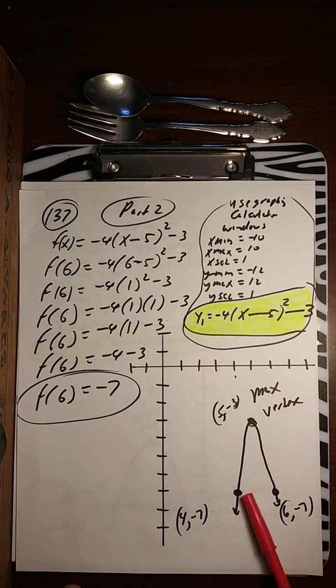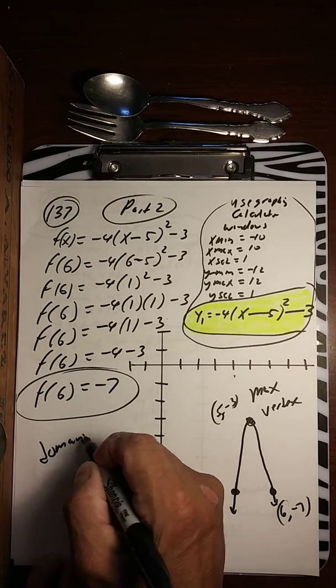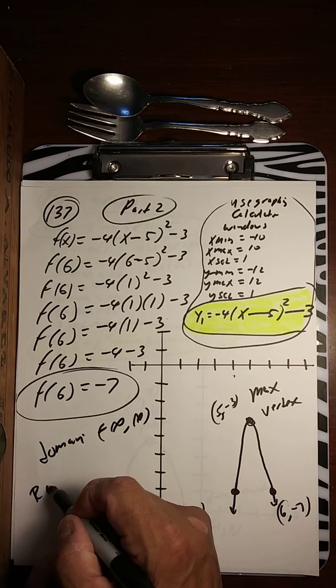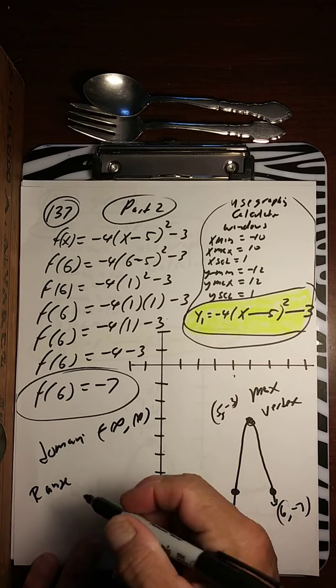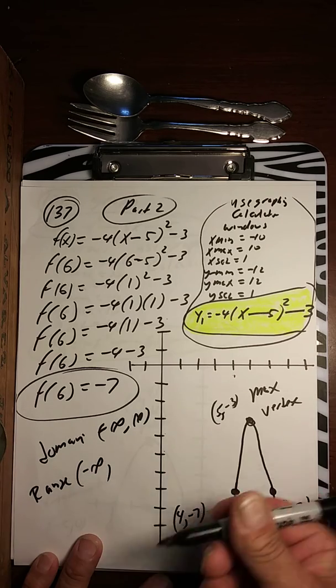Okay. We have points and then we have the max. Again, what is the domain of this? Let's write this in here just because. Domain is minus infinity to infinity. And the range goes from the bottom, from -infinity to where?